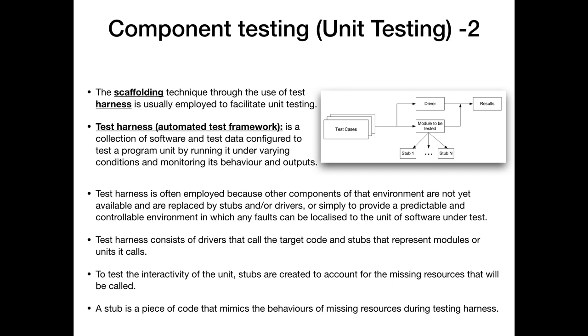And then you need a driver, for example to run this piece of code, like putting it into some compiler to compile and execute it. And when you have this, you can run the test cases here. So the whole process is called the test harness, and this technique is called scaffolding.